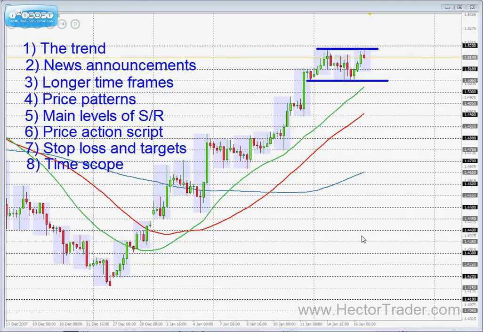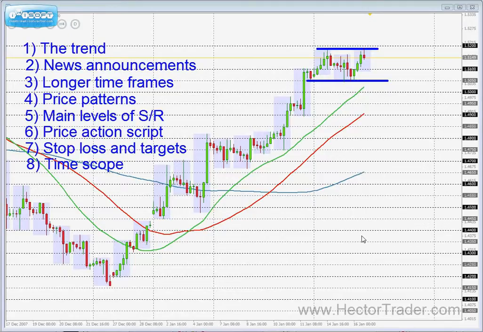If you've timed your entry properly, 2 hours should be more than enough as a time scope for a scalping type of trade. More than that, I would be considering, like I say, reassessing the situation.